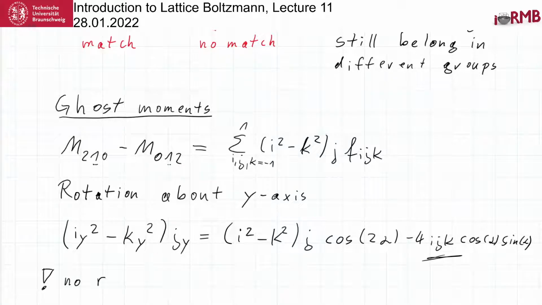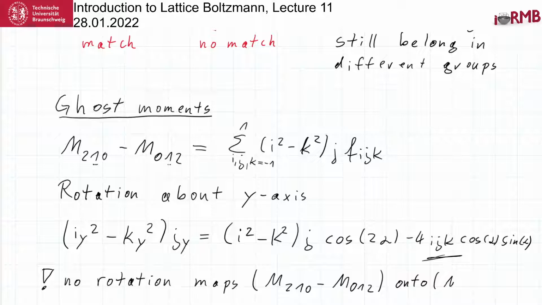There is no rotation that maps M210 minus M012 onto M210 plus M012. So however we rotate this, this will not happen. This guy becomes this guy.